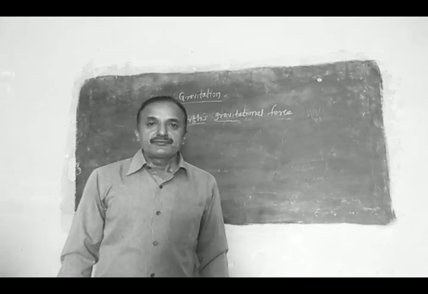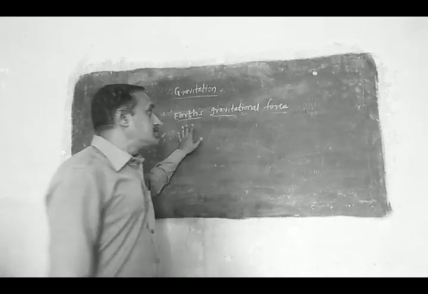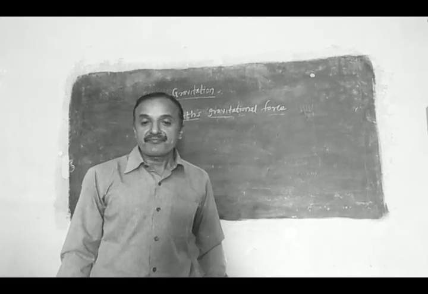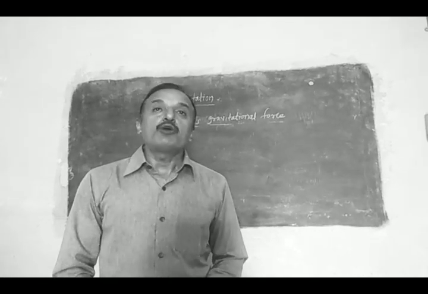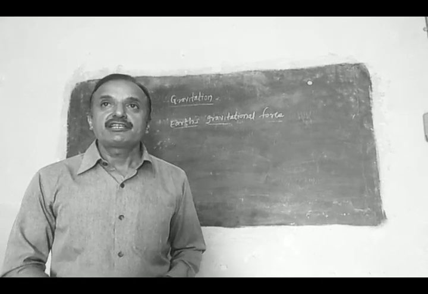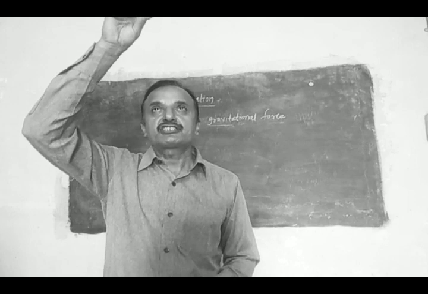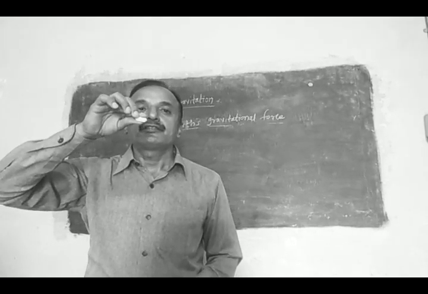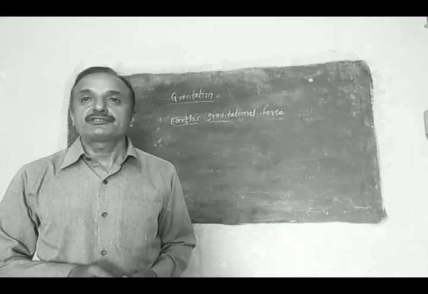Now let us see the new point: the earth's gravitational force. If you throw any object vertically upward, after attaining a certain distance that object starts coming down, then it falls towards the center of earth.